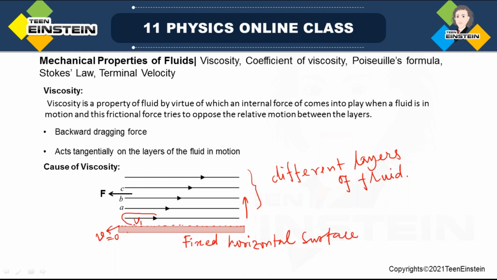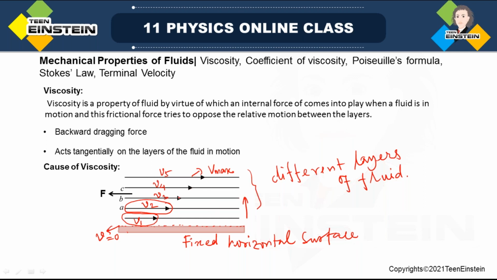Suppose this is v2, again v3, v4, v5, and among all these layers the topmost layer has maximum velocity.